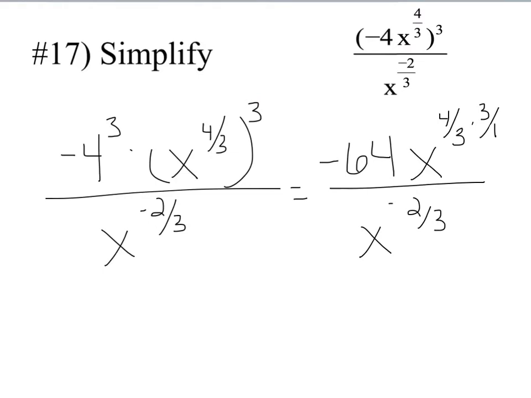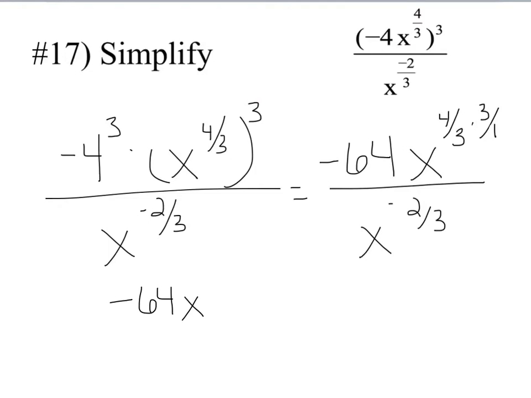Now, because you have a negative exponent, remember the saying, negative exponent in the numerator, drop it like it's hot. Negative exponent in the denominator, raise it to the top. So we're going to take this and we're going to raise it to the top. Okay? So I'm going to have -64 x.